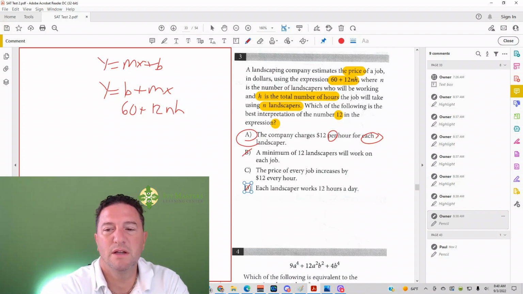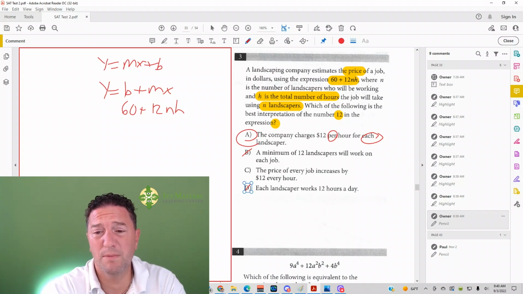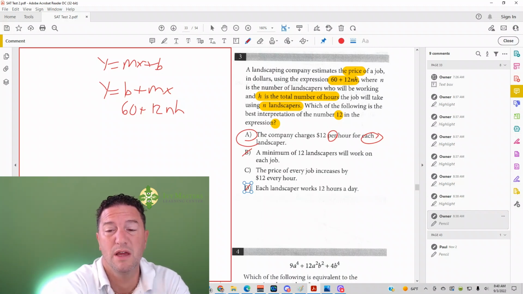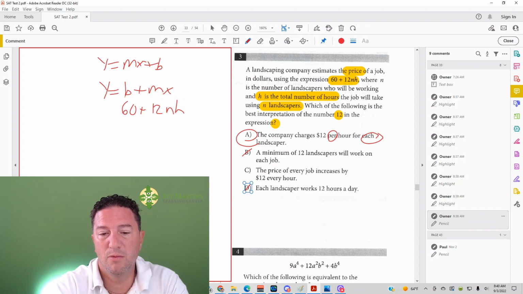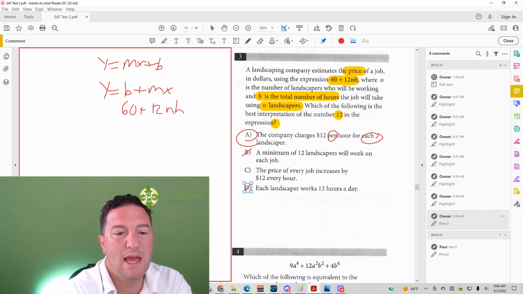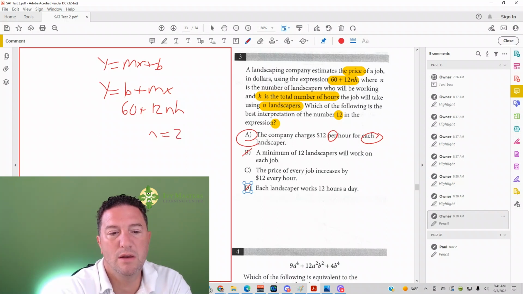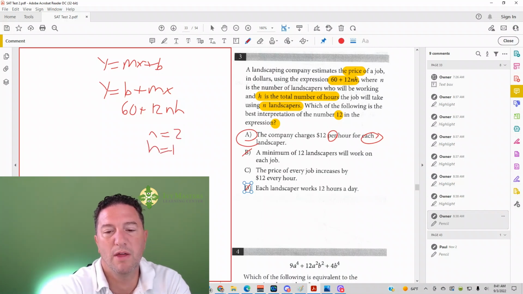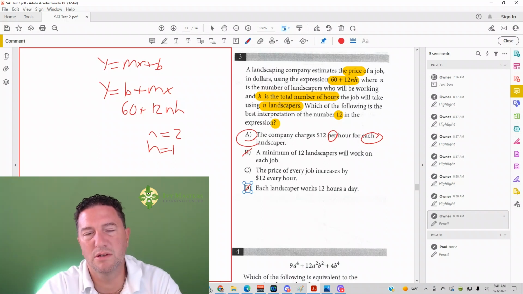Now, how could you do it? You'd also do it by picking numbers. You could throw around some numbers and say, hey, once you have it down to A and C, answer choice C, the price of every job increases $12 every hour. Well, let's say I made my n equal 2, and now I'm going to make my h equal 1. By the way, in testing this answer choice, we've got a change affecting an outcome.